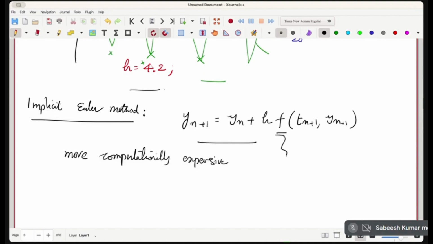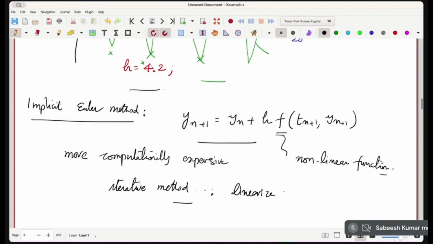This is because in general f is a nonlinear function, and the solution of nonlinear functions requires you to use an iterative method, so that you would basically solve for the nonlinear part. But then we have seen that you can actually linearize the nonlinear function, linearize the function f and then solve. So that is possible. Even then, the computational cost is somewhat expensive for the implicit Euler method when compared to the explicit Euler method.